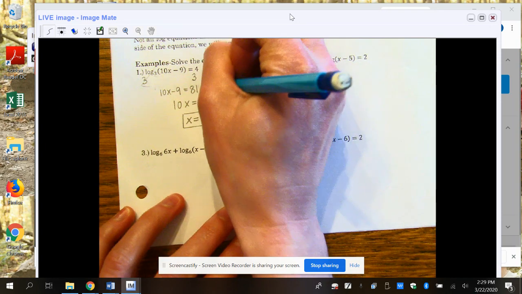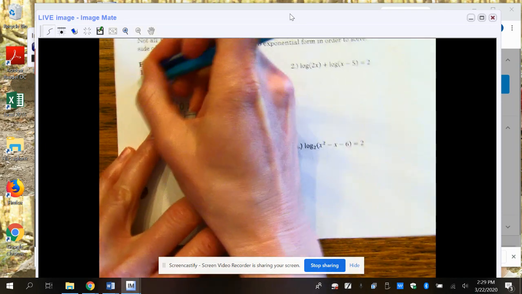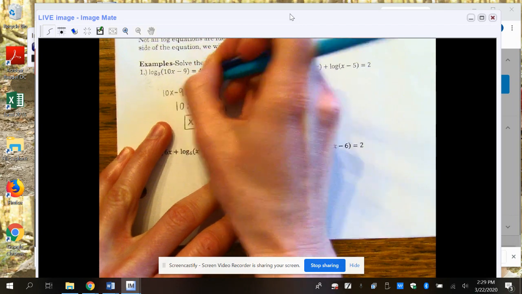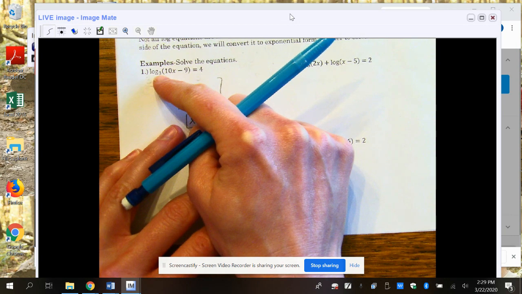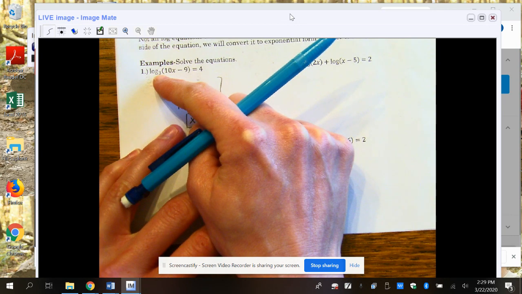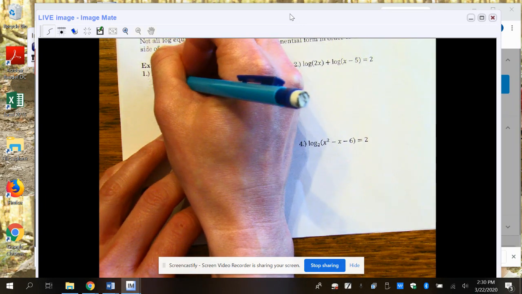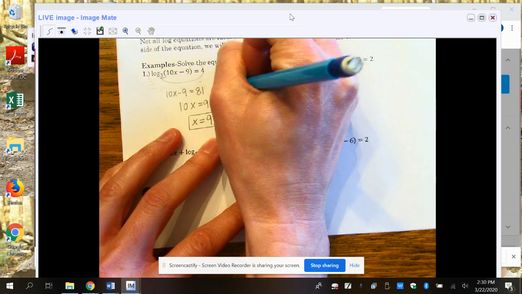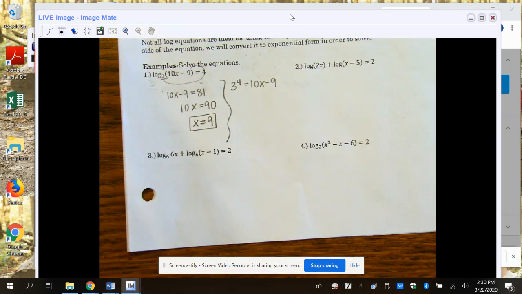The other way you can start this, instead of making each side an exponent, is just turning this into an exponent. Just like we did when we first introduced a logarithm, changing a logarithm into an exponent, you always start with the base and go around. So it's 3 to the 4th equals 10x minus 9. I'm not going to work it out because you get the exact same answer. It's just a different way of seeing it.